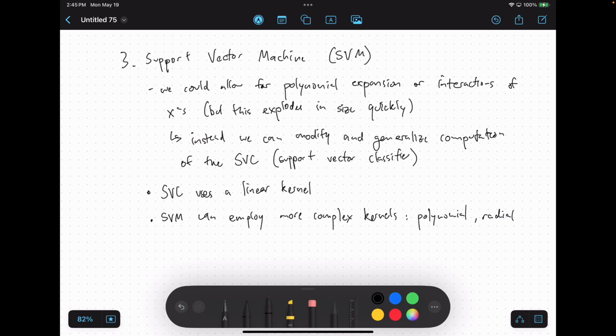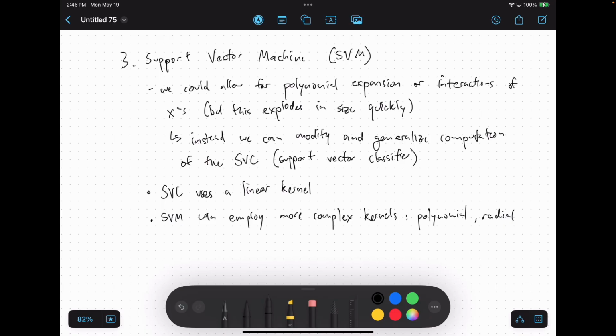So now you can create this separator and not only make it nonlinear, but also balance that against points that are classified in the opposite space.